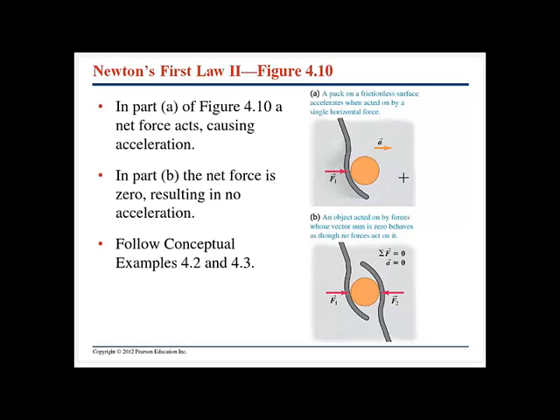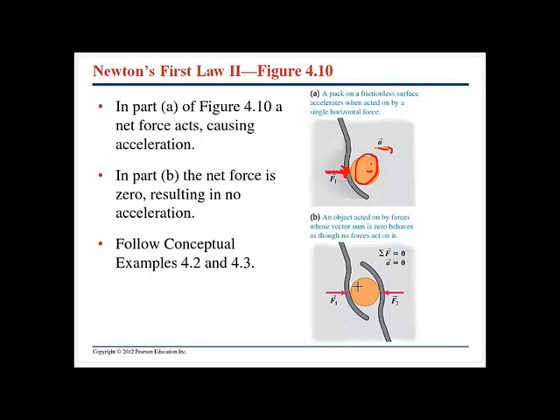Another way to think about Newton's first law is if you have a hockey puck and you apply a force to it with a stick, then it's pretty obvious it's going to accelerate. Fair enough.